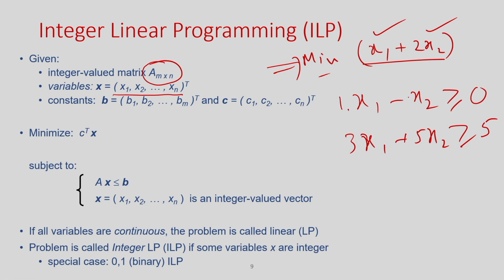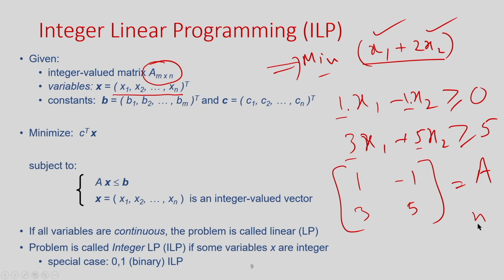It is 1 and minus 1, 3 and 5, right. So, this matrix A is this, which we can always represent by the coefficients of those expressions, right. And how many columns will be there? It is basically the number of variables.